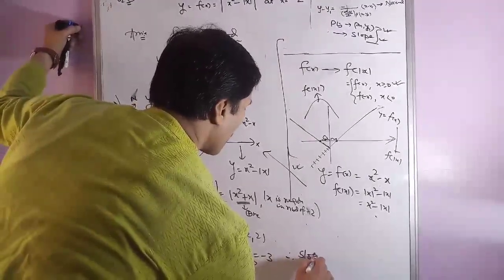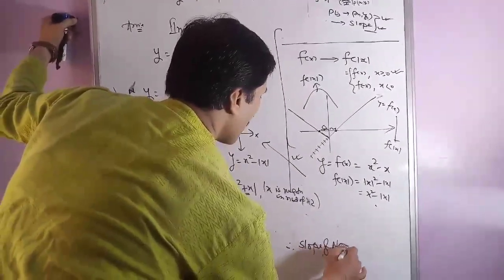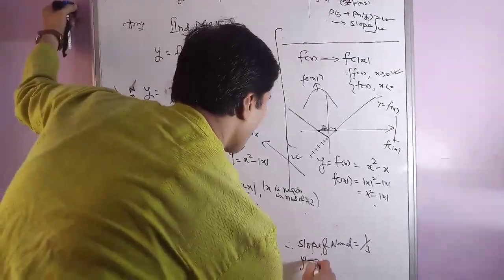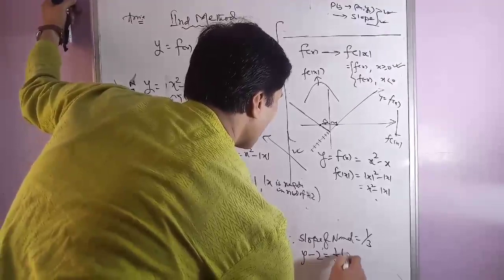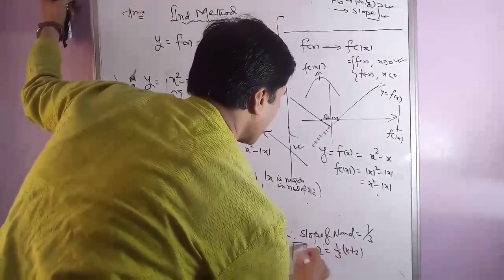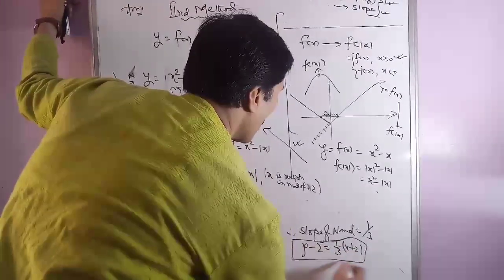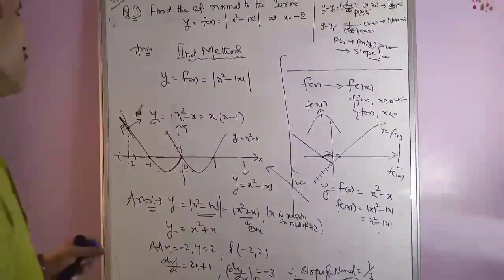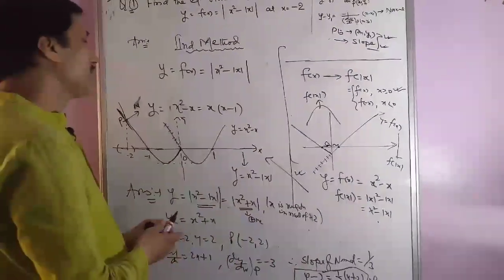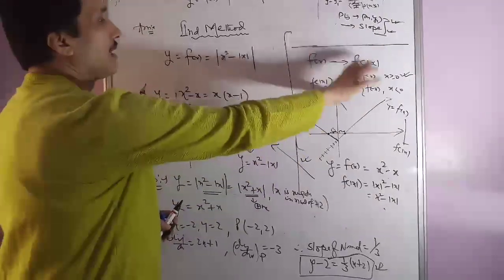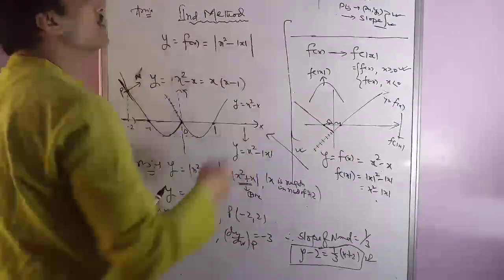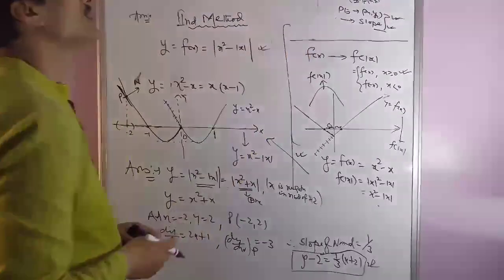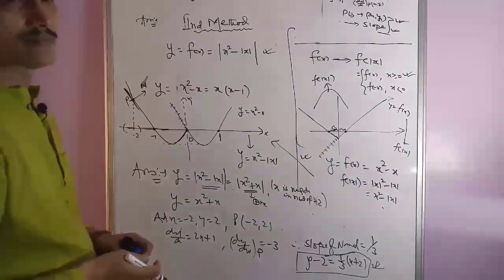Therefore, the slope of the normal equals the negative reciprocal, 1 upon 3, so y minus y1 equals 1 by 3 times x minus x1. This is the required equation of the normal. So if we have the concept about such situations, we can do the question within some seconds.